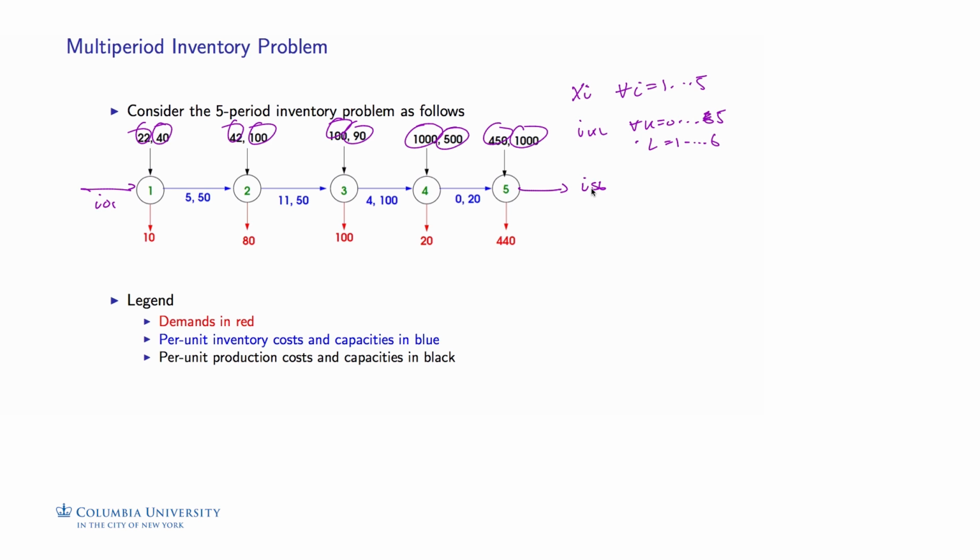As for i56, it's important because it also helps with the structure, but it also allows the problem to have leftovers. Because it may be more optimal to produce, let's assume in period 3, you had a very low production cost and a very high production capacity. So it may be more optimal to use all the capacity you have and use it in later periods, even if it's more than the demand, than to produce in later periods at higher costs amounts that are exactly equal to the demands.